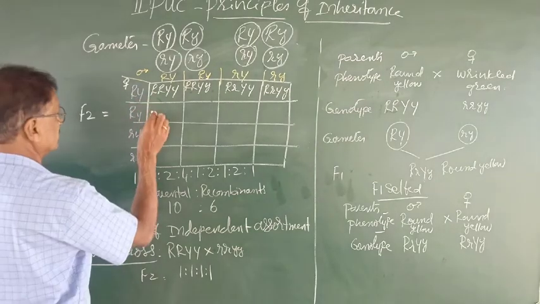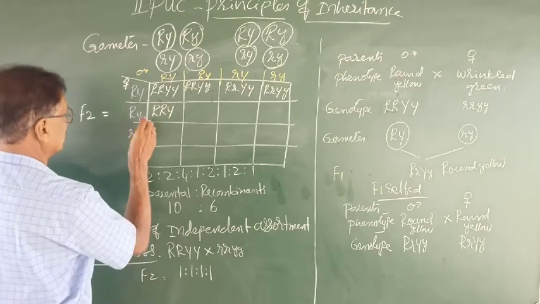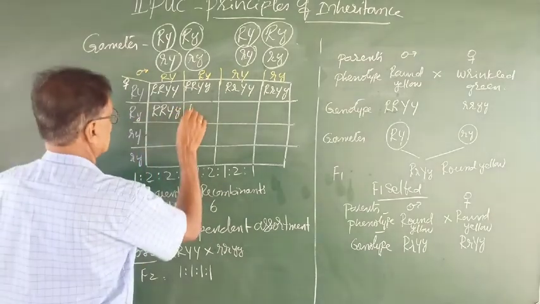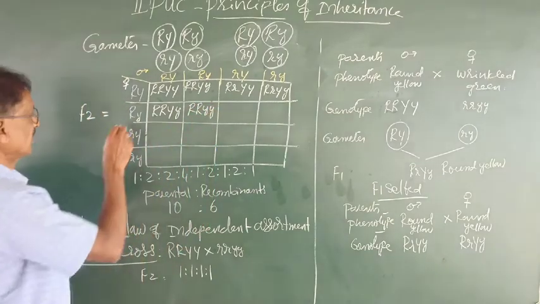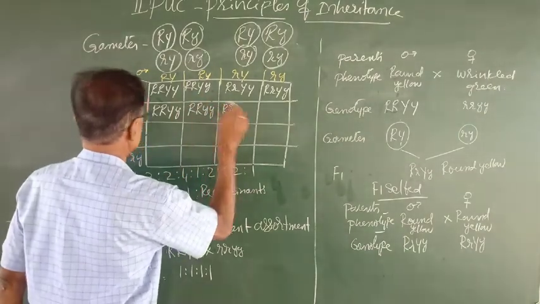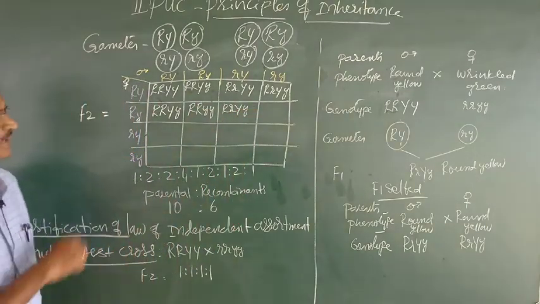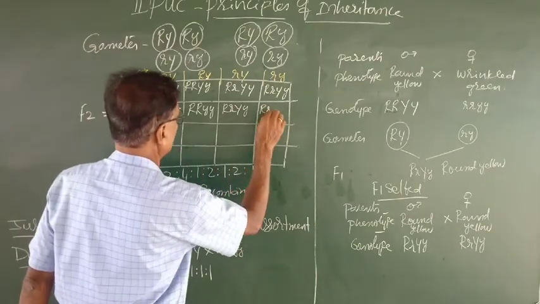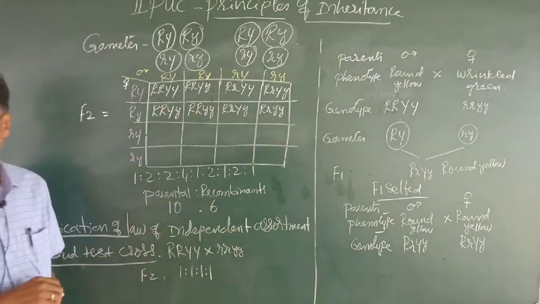Next is capital R, capital R, capital Y, and then small y. Capital R, capital R, small y, and capital R, small r, capital Y, small y. And lastly, in this column, capital R, small r, small y, like this.